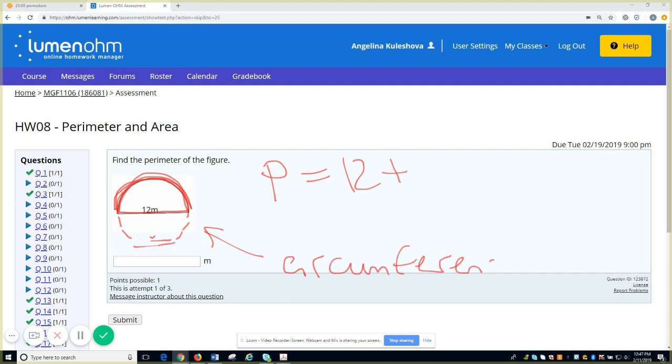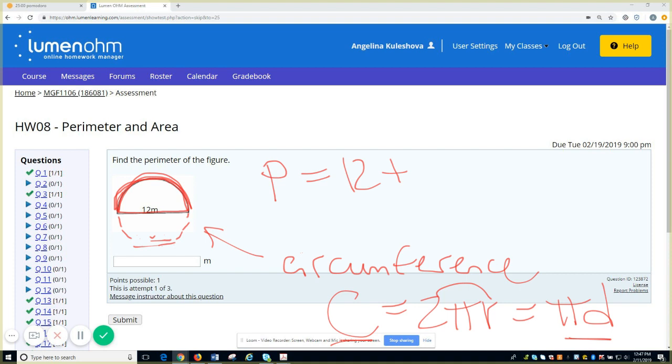And the formula for the circumference of a circle is 2 pi r, or because double the radius is also the diameter, you can also find the circumference of a circle by just multiplying the diameter by pi.